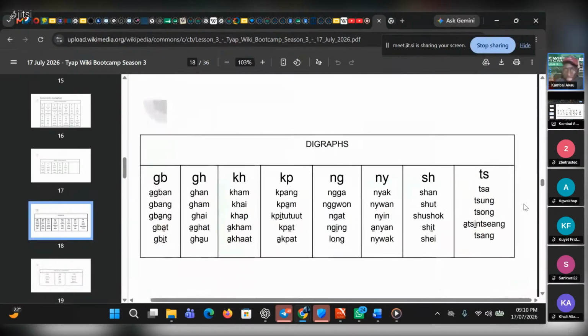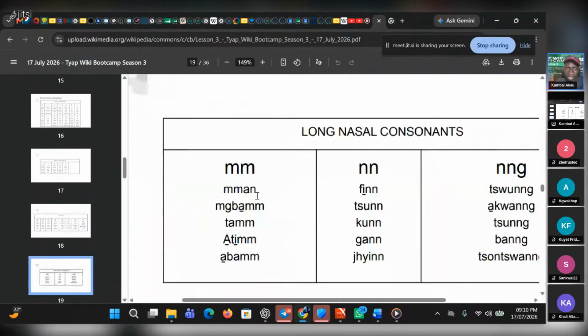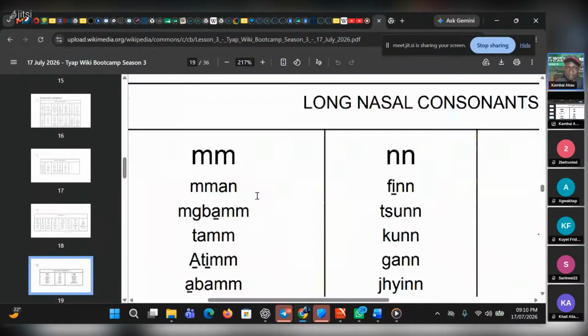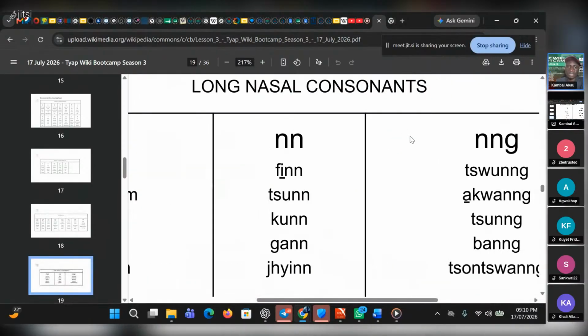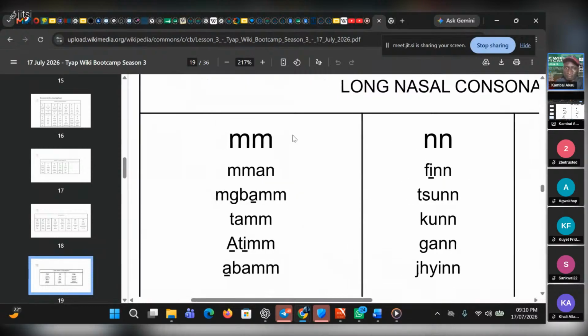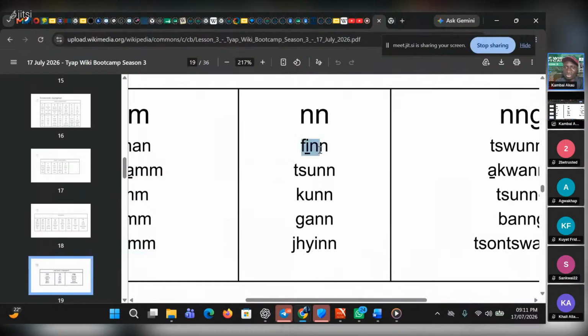And then we have the long nasal sounds. The examples here: we have man, bum, tam, tum, bam, and then here we have fun, tun, kun, gan, and jin.